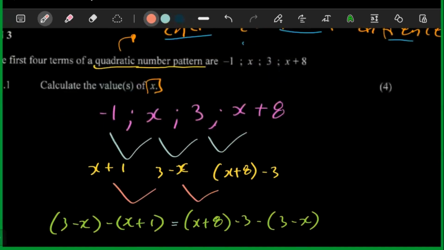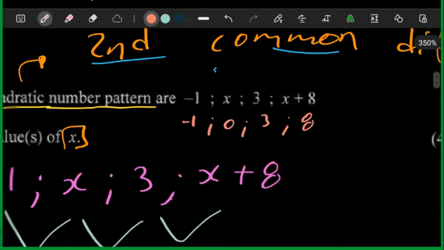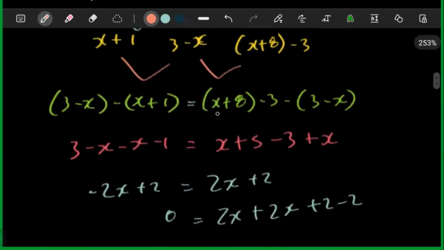Can x be a 0? If x is a 0, we have, let's see, negative 1, 0, 3, 8. So if x is a 0, let's see if this balances out. Here you have 8 minus 3, which is a 5, and 5 minus 3 gives you a 2.